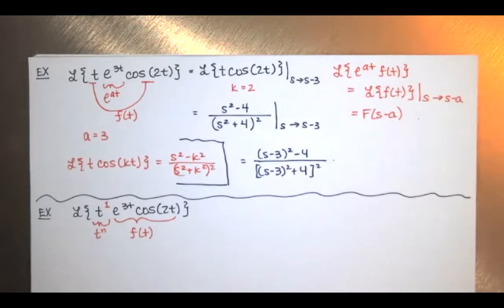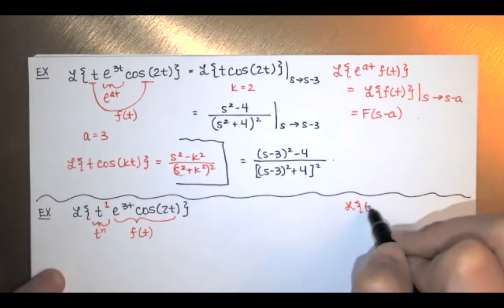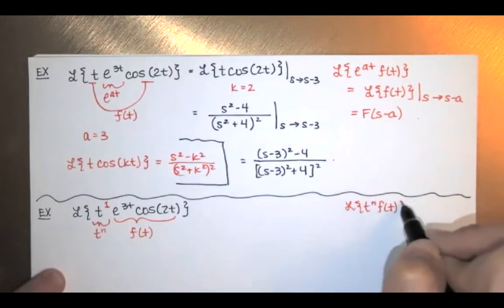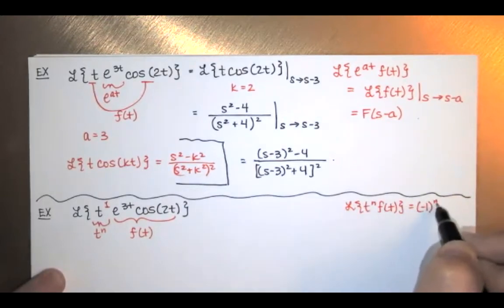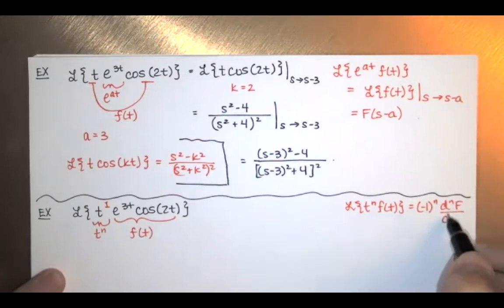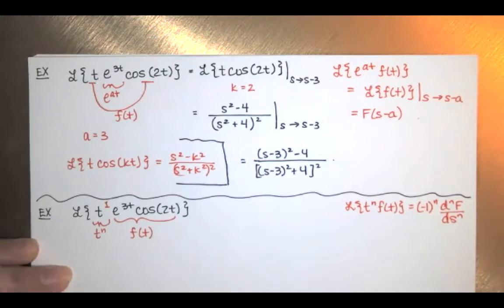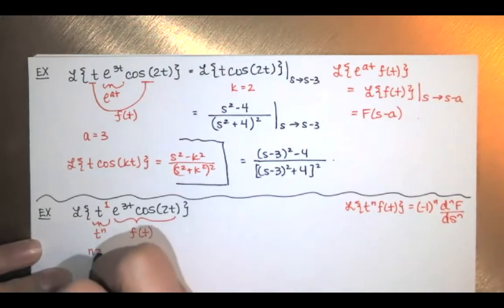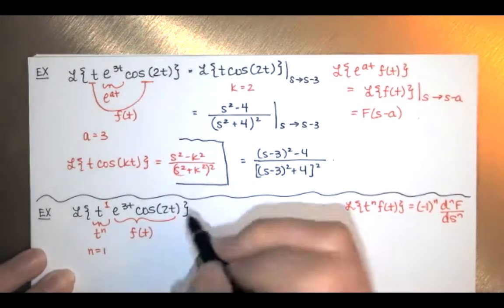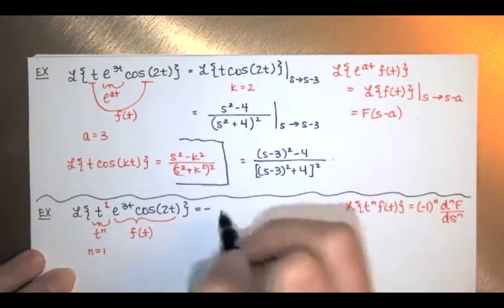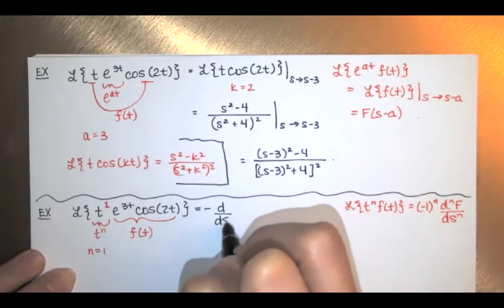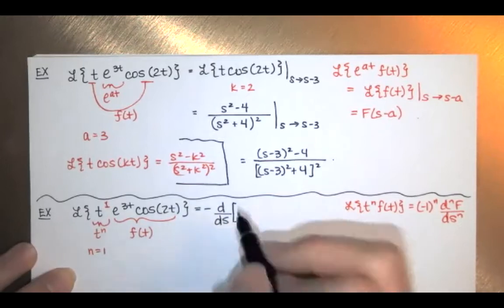According to our derivatives of the Laplace transform theorem, the Laplace transform of t to the n times f of t is negative 1 to the n times the nth derivative of the Laplace transform of f of t with respect to s. So in this case, n is equal to 1. So we're going to have negative 1 times the first derivative with respect to s of the Laplace transform of f of t.